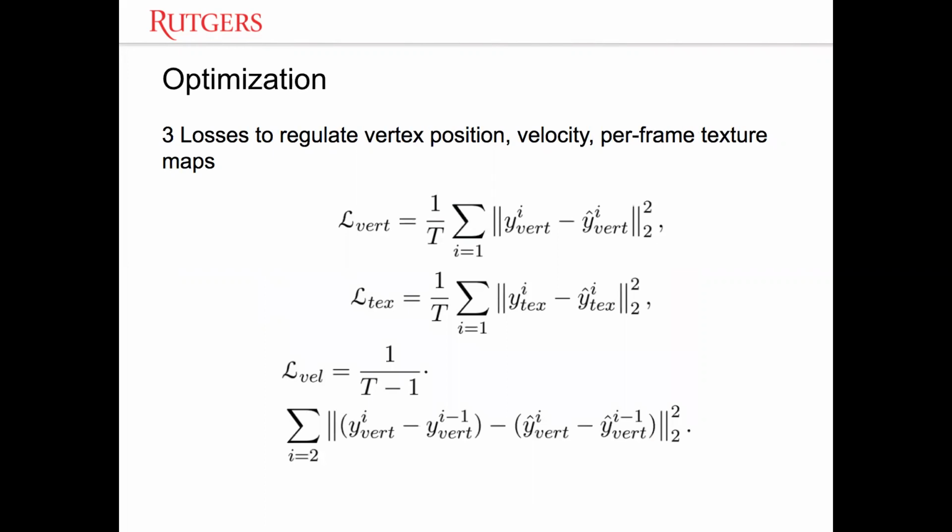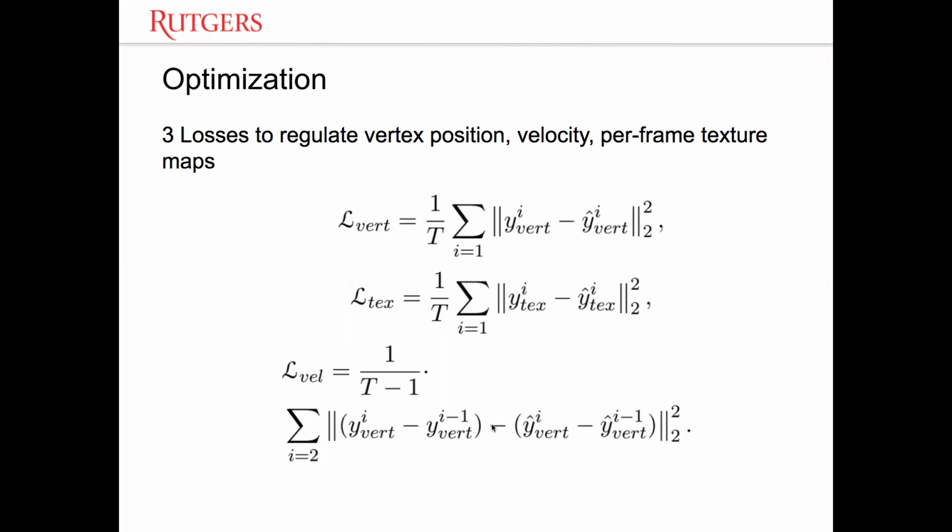And for the optimization, since the output of our model has vertex positions and texture images, we do mean square error on the vertices and the textures. We also add a constraint on the velocities, which is the intra-frame differences.